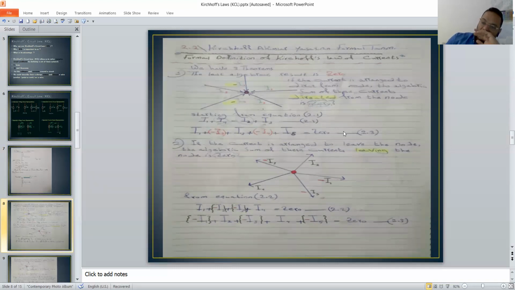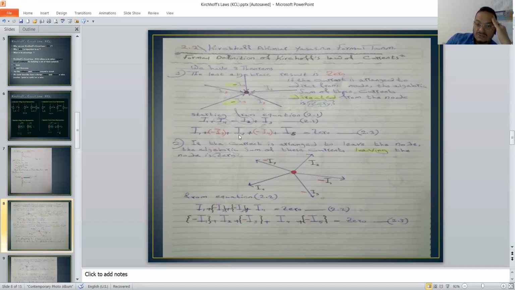By that, we get equation 2.3: I1 minus I2 plus I3 minus I4, and we put I5 to make this equation equal 0, because I5 equals the same number but with a different sign.